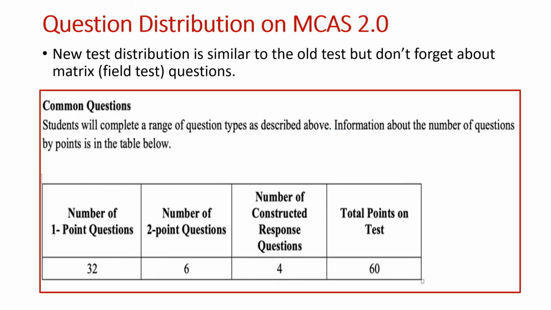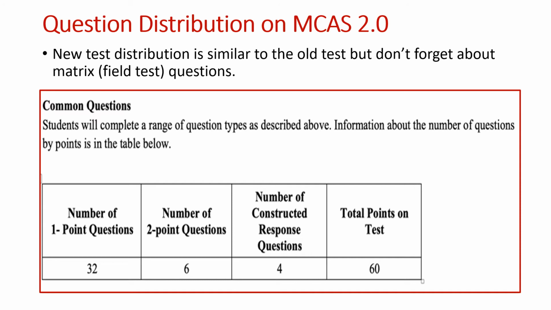This DESE chart shows the distribution of questions on the new test. It's pretty similar to the 2018 test, although that test had 4 short answer questions and 6 constructed response questions. This year's test will include 10 matrix or field test questions. Remember, these questions don't count, but we don't know which ones they are, so we have to try our best on all questions.